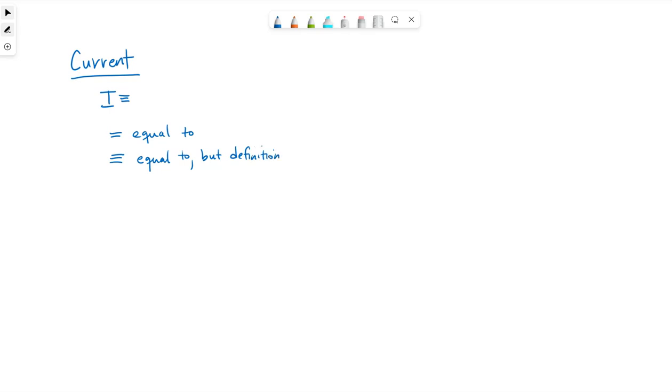So the definition of current is the rate at which charge flows. So current is dq dt.